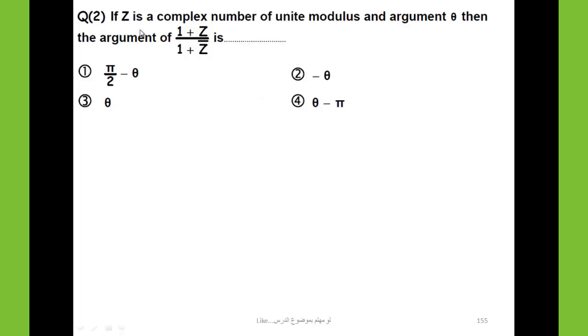Again, if z is a complex number of unit modulus, what does that mean? The length of its modulus equals unity, equal 1. Absolute z equals 1. So we want to calculate the argument of 1 plus z over 1 plus z bar.